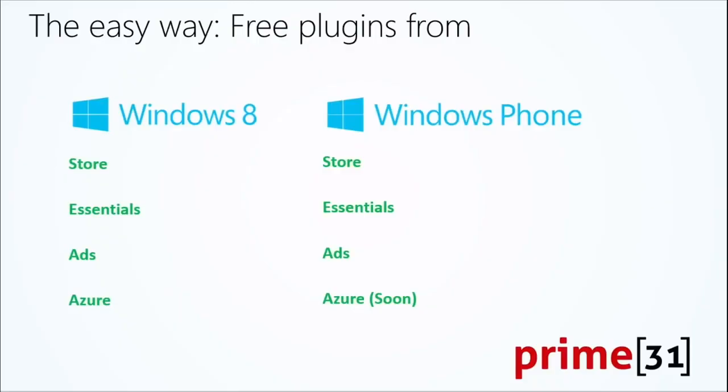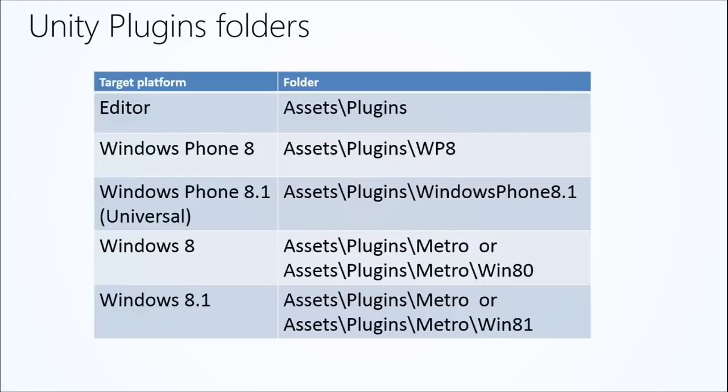And coming around the home stretch, we only have a couple of things left here. Let's talk about plugins real quick and what that architecture looks like in your assets. When you're adding plugins for the Windows and Windows Phone platform in your Unity project, this is what the folder structure needs to be.